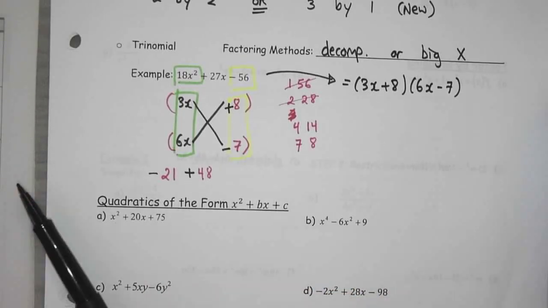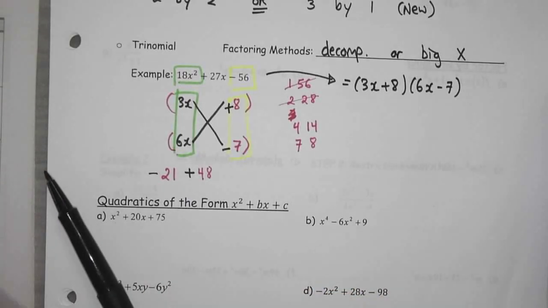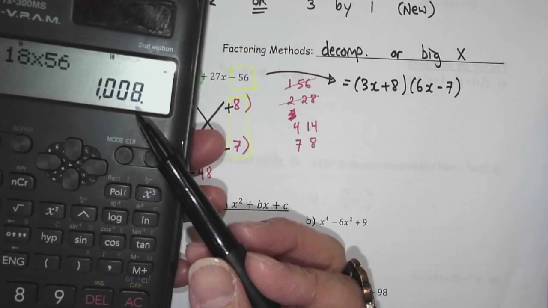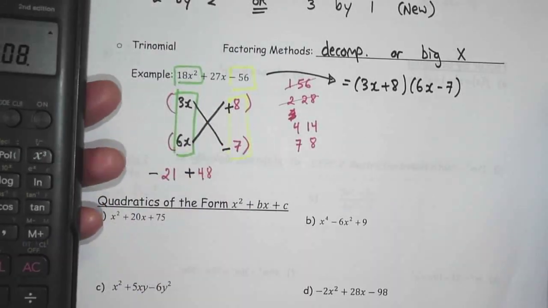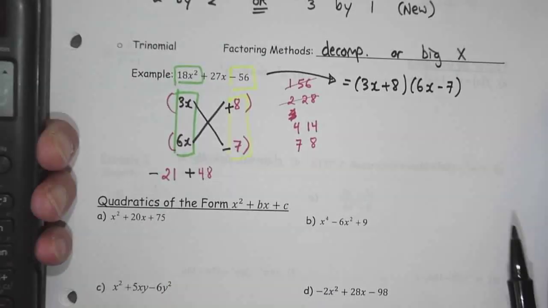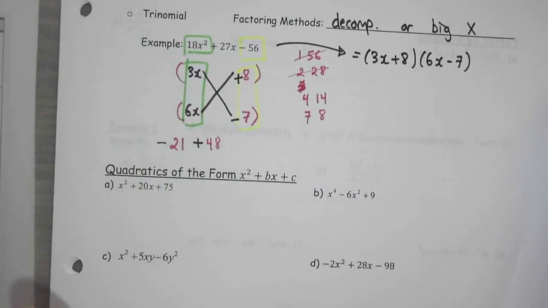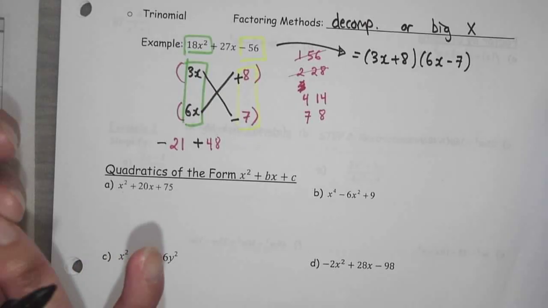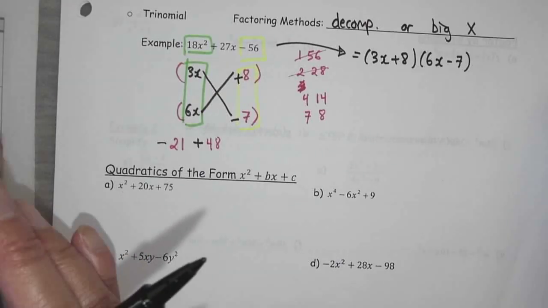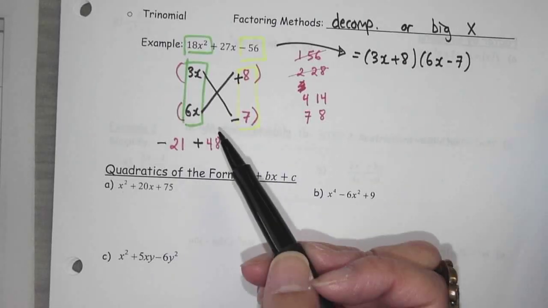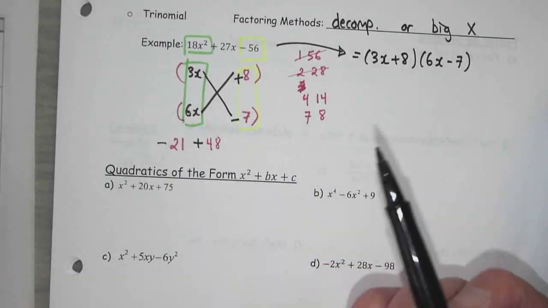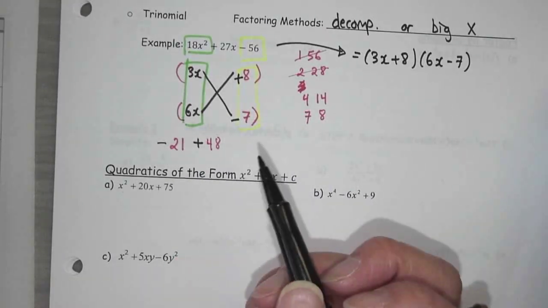Decomp, if you do decomp, you're looking for 18 times 56 and two numbers that multiply to 1,008 and add to 27. You have to start at 1,008, go 1 to 1,008, no, 2 to 504, no, 3.